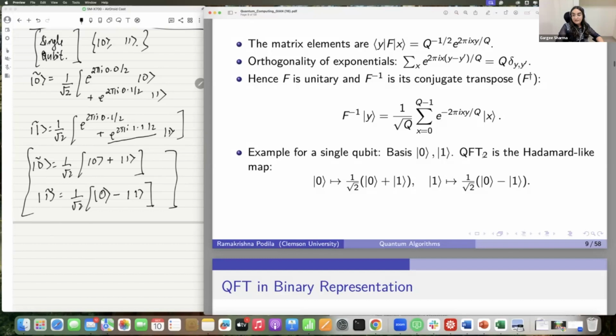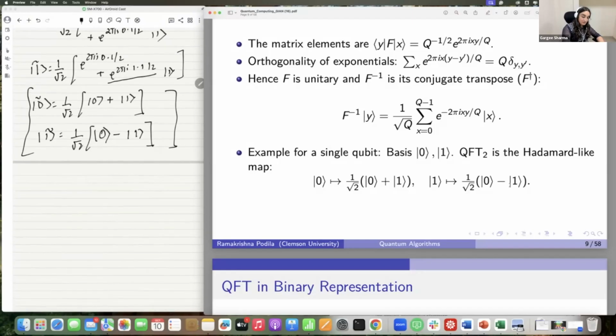We call it QFT2. The underscore 2 tells you that there are just two states here. So 0 gets transformed to 0 plus 1, and 1 gets transformed to 0 minus 1. If you want to write the unitary matrix, it's just going to be 1, 1, 1, minus 1. You've seen this gate a lot of times. This is the Hadamard gate. Any questions?